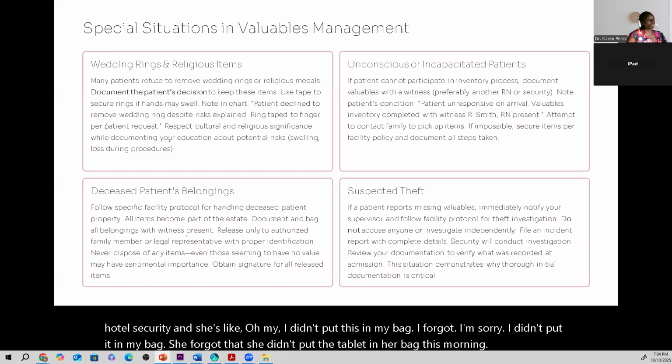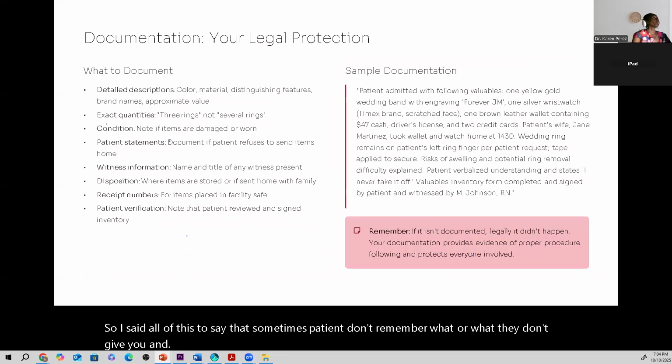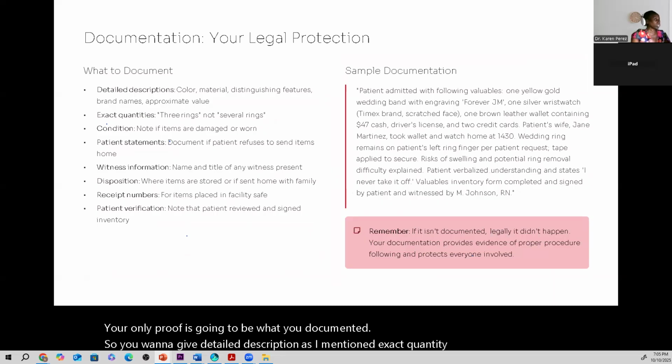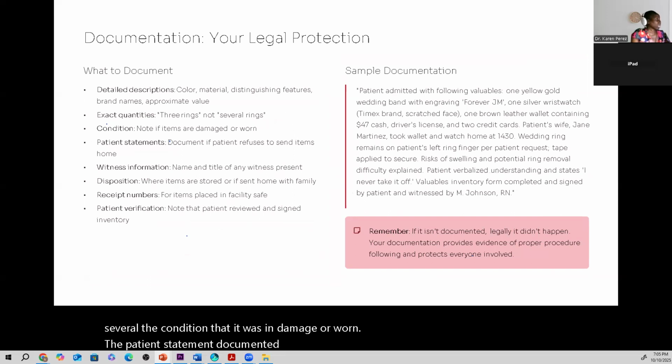So I say all of this to say that sometimes patients don't remember what they didn't give you, and your only proof is going to be what you documented. So you want to give a detailed description, as I mentioned, with exact quantity, three rings, don't put several, and the condition it was in, damaged or worn. Include the patient statement, and document if the patient refused to send an item home.